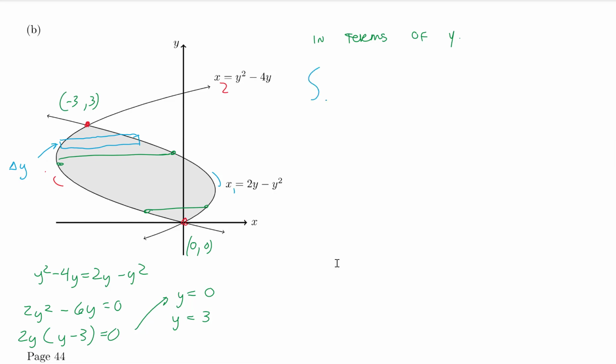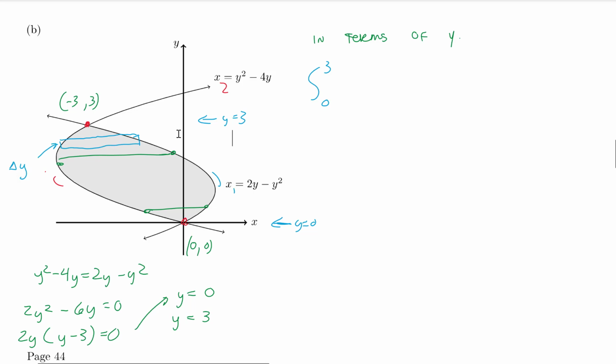We're going to be doing the integral from 0 to 3 because these are our y values, y equals 0 to y equals 3. And then the right-hand endpoint of each one of these rectangles, or each one of these lines, if you want to think about the rectangles being so skinny that they look like a line, we're going to add up all the lines to find the area.